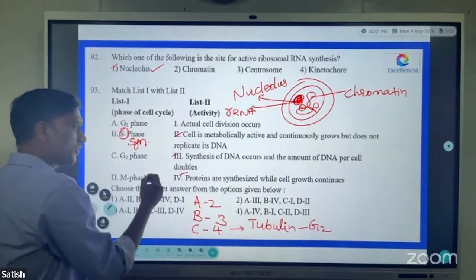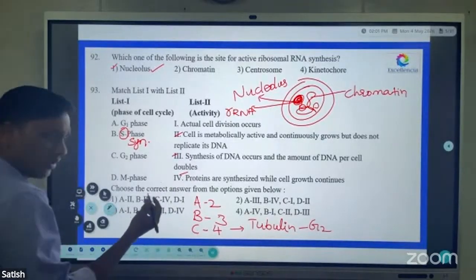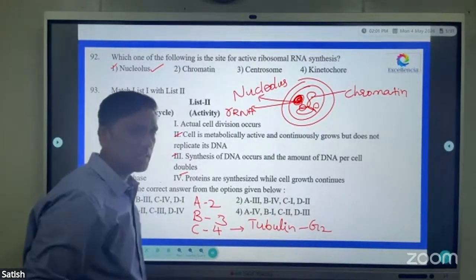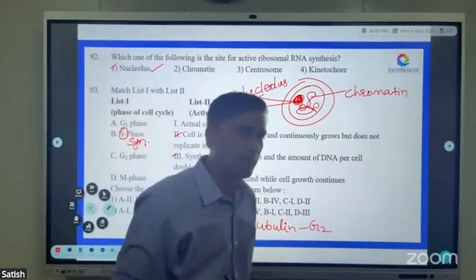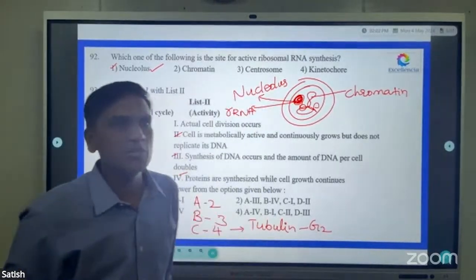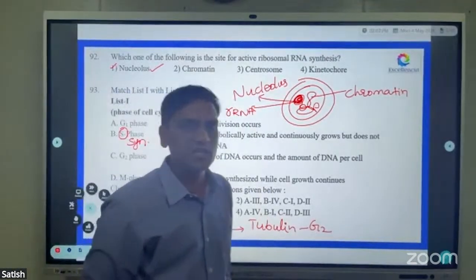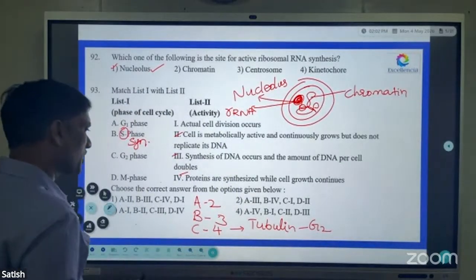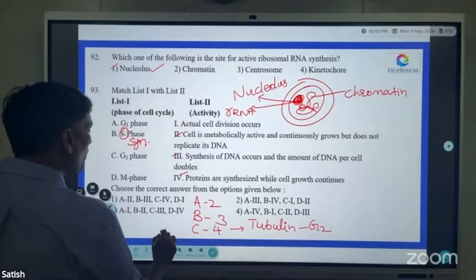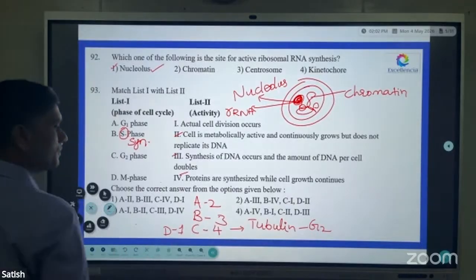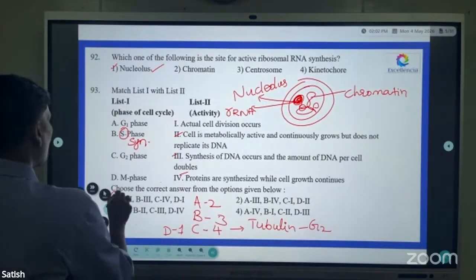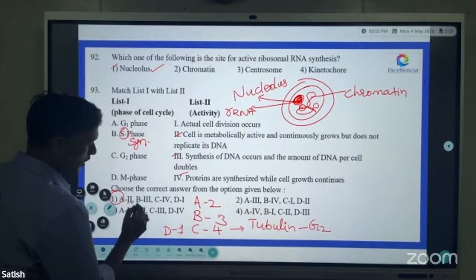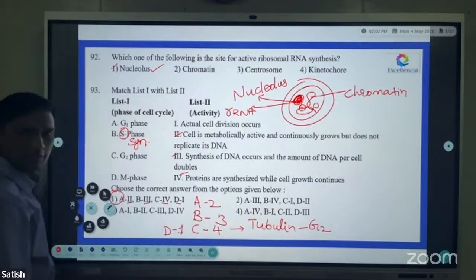We also call this phase the mitotic phase. For our convenience, we divide this M phase into 2 phases. One is karyokinesis, which includes prophase, metaphase, anaphase, telophase. Next one is cytokinesis. So the answer for this question is A2, B3, C4, and D1. The first option is the right answer.